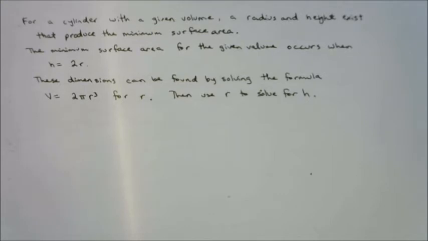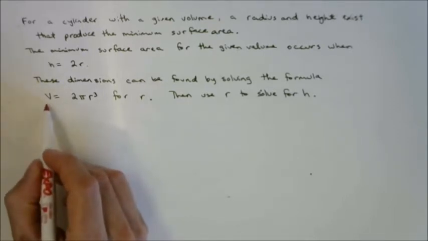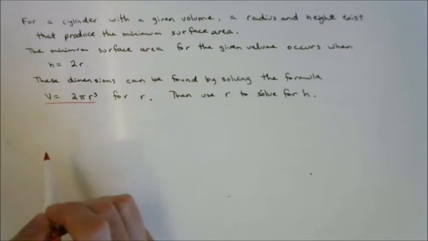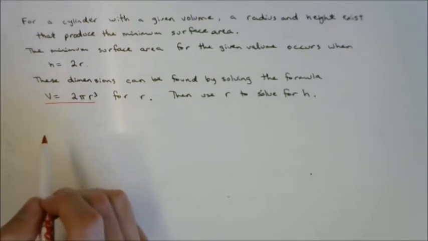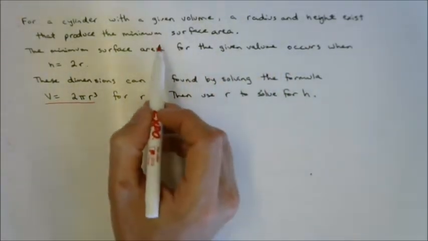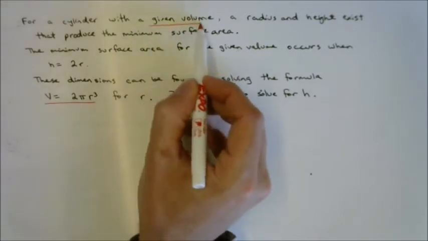Okay. So, the only difference between yesterday's lesson and this lesson is the formula that you use. Because in last lesson you were given the surface area. This time you are given the volume.